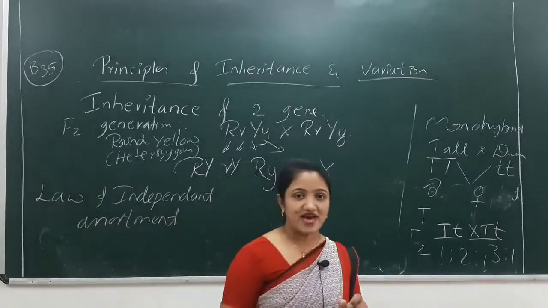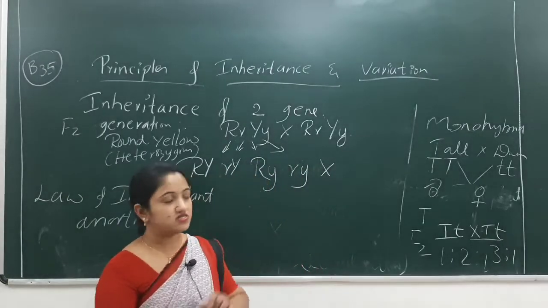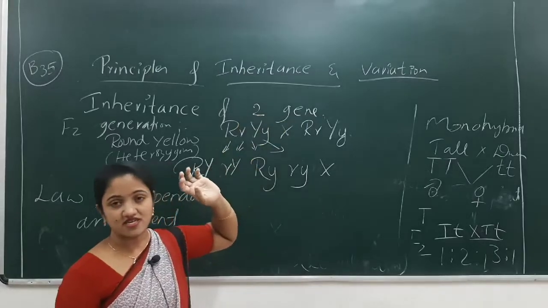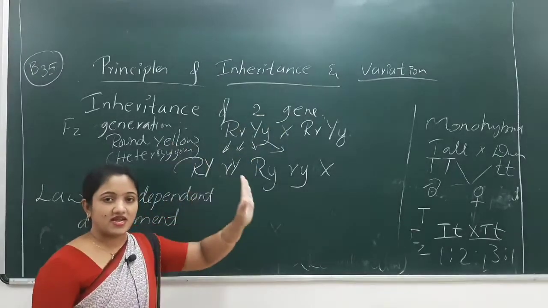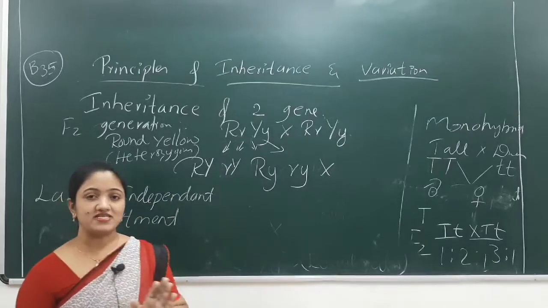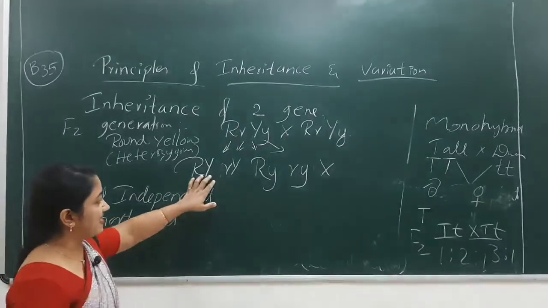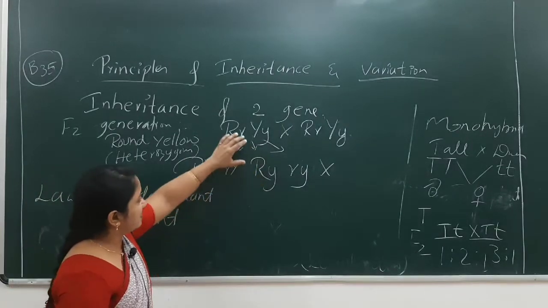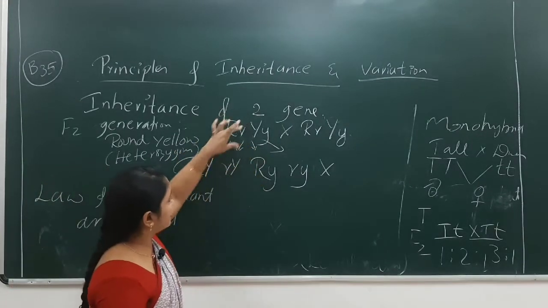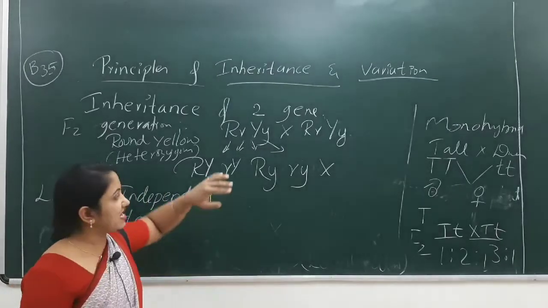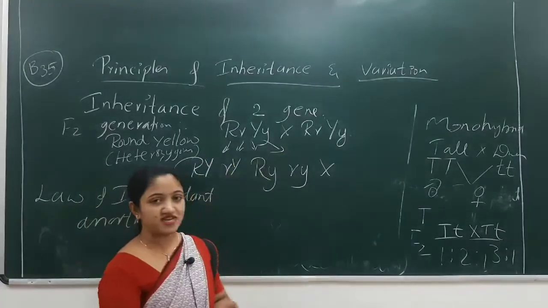The factors or genes of two or three contrasting characters independently segregate, or independently divide, at the time of gamete formation.